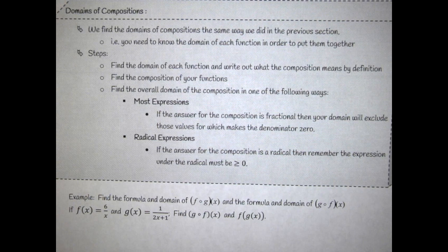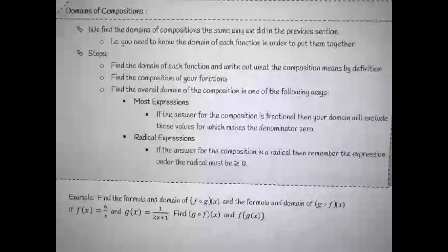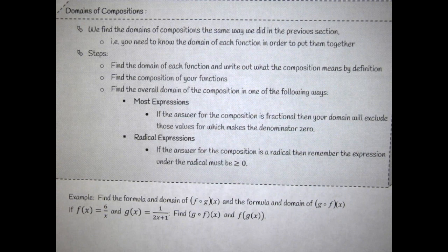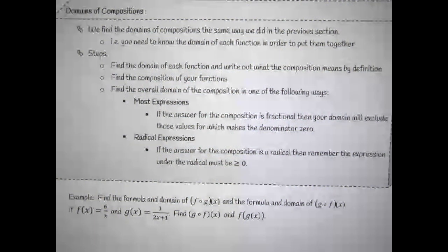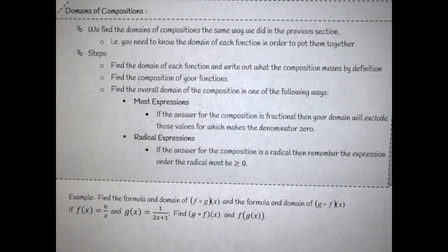You need to then find the composition of your function, and then to find the overall domain means, in terms of most of your expressions, if the answer for the composition is fractional, then your domain will exclude the values that make the denominator 0, okay, using your fraction rule. If the answer for your composition is radical, then remember that under your radical must be greater than or equal to 0.